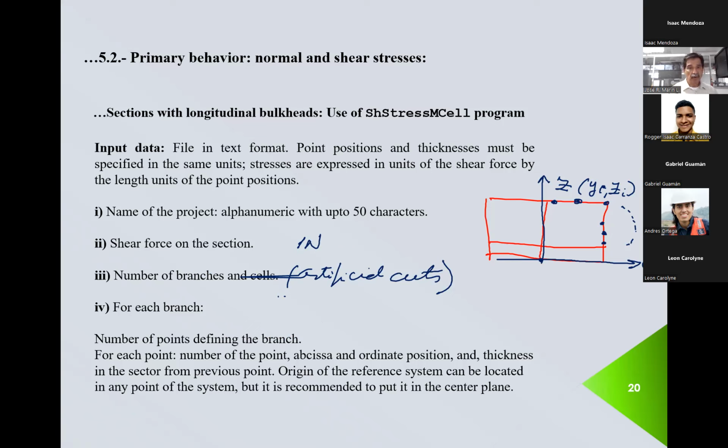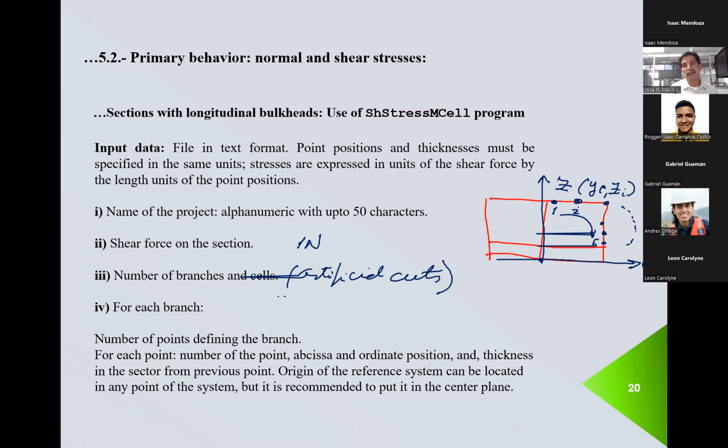Now, for each point, you have to define its number. For example, that would be my number 1, 2, and this will be the point 6 of this branch, okay? And then for each point, you have to put Y and Z values as we have specified here, okay? And also the thickness, okay?